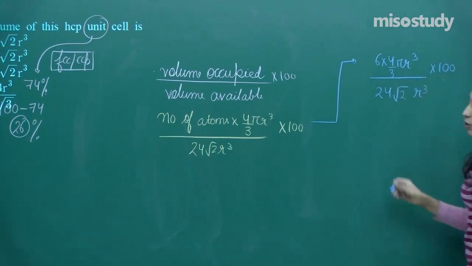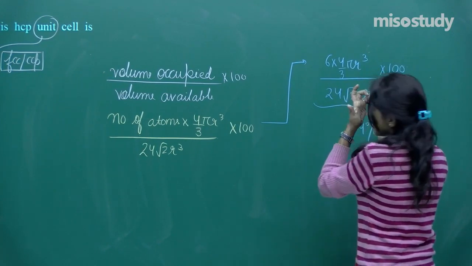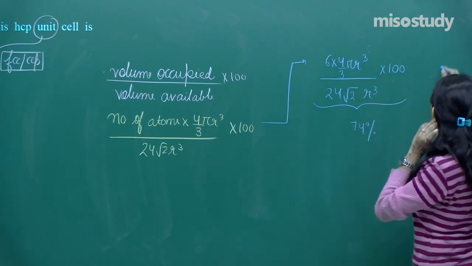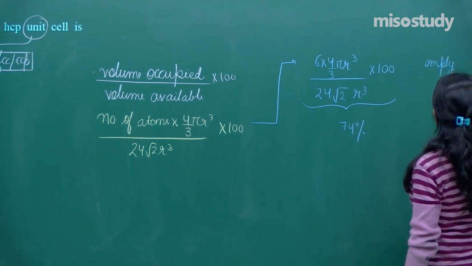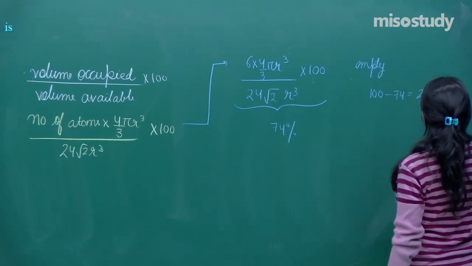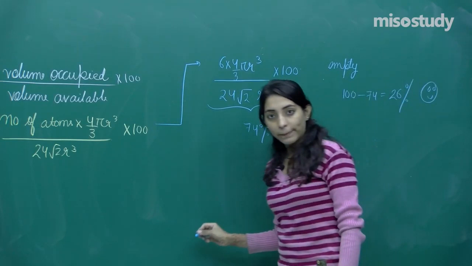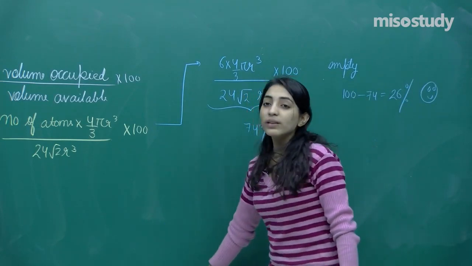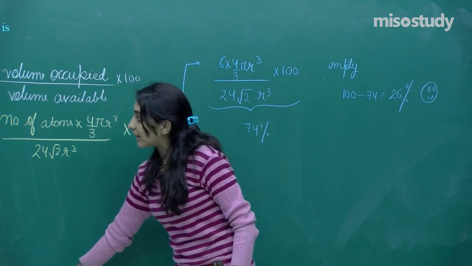If you solve it, you will finally end up getting the value equal to 74%, and thus the empty space that will be present is 100 minus 74, that is 26%.